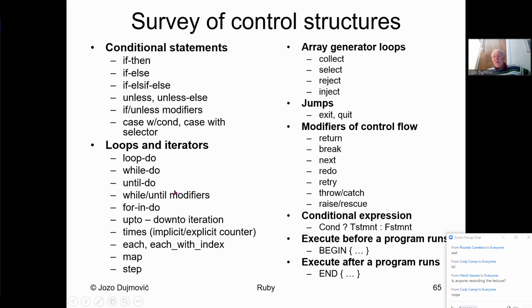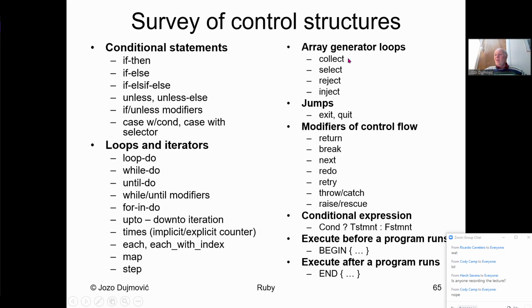Then you have here very frequently the situation where we have to process components of an array. So this is a loop that is going through components of an array with some condition that is hidden inside. Collect, select, reject, inject. You have none of them in procedural languages.